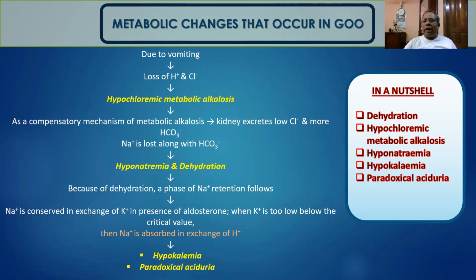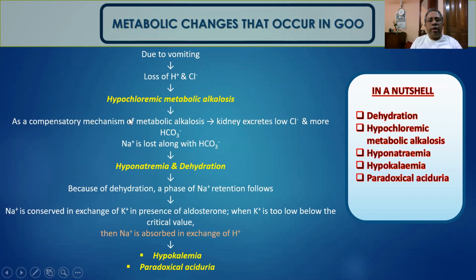So the water loss causes some dehydration. And the gastric contents contain electrolytes, that means acid, hydrogen ion and chloride. So the patient develops hypochloremic metabolic alkalosis. Loss of hydrogen ion and chloride causes hypochloremic metabolic alkalosis.